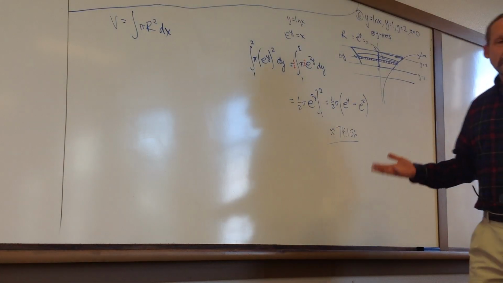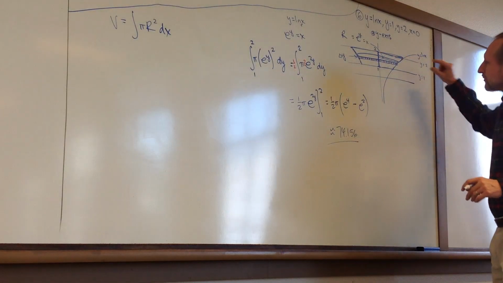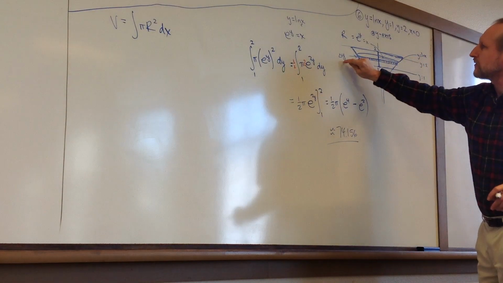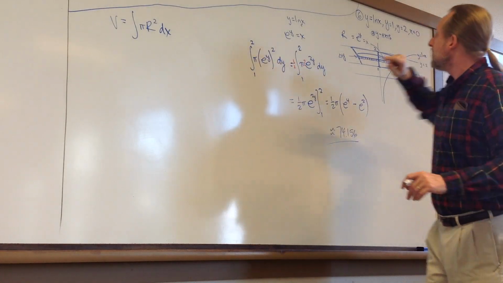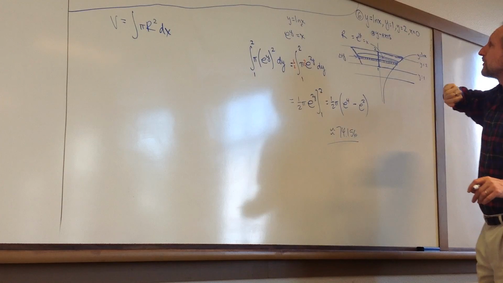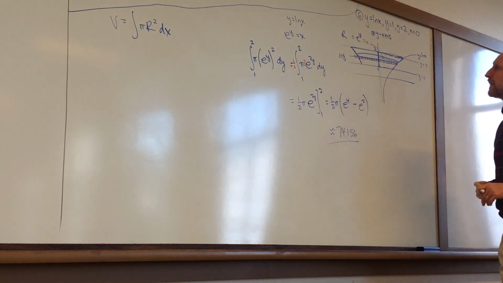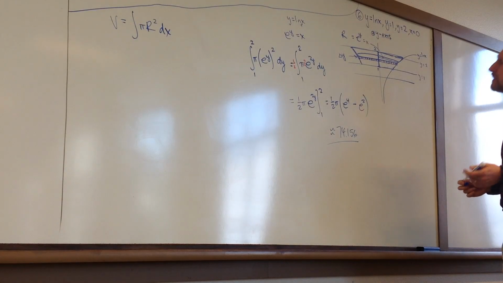Okay, so it's the same concept when you're rotating around the y-axis, but it's important to identify that the thickness is a delta y, and the real key here is to make sure that this is a function of y, to turn it around into the form x equals instead of y equals. Sometimes it'll be given in the form x equals, sometimes it won't.